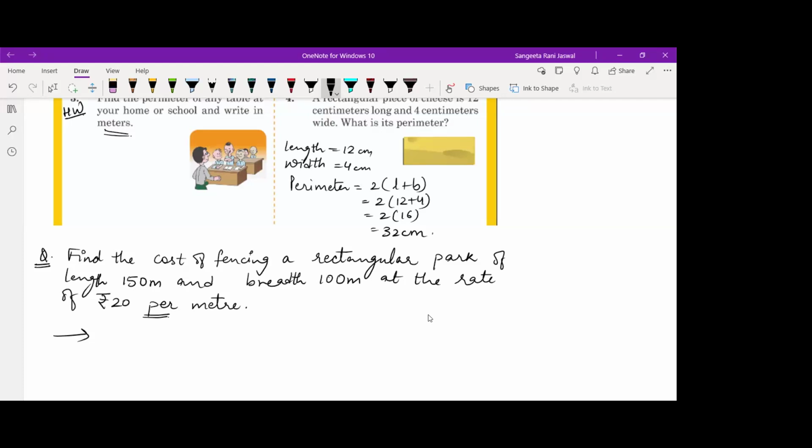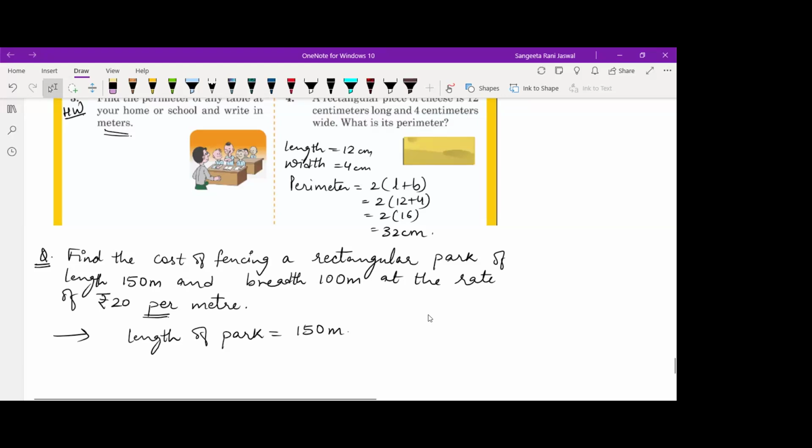Ma'am, I have got the cost. Okay, beta. Very good. Adya, tell me the first statement. Ma'am, the length is equal to 150. Wait, just one first statement. Length of the park is 150 meters. Okay, Neha, next statement.